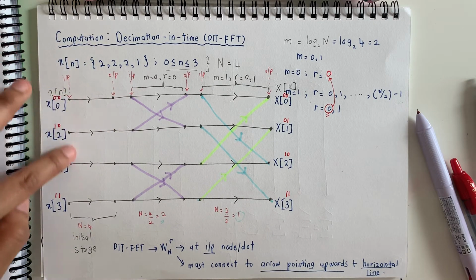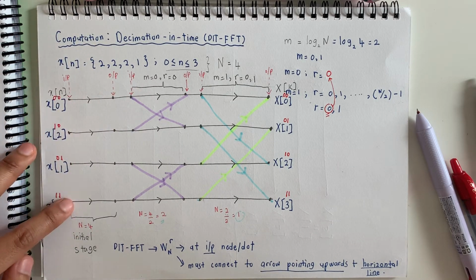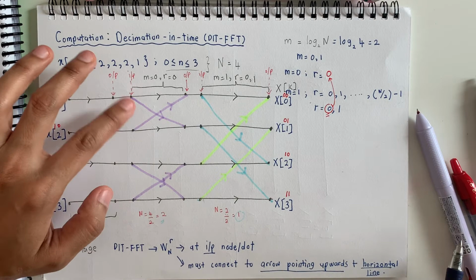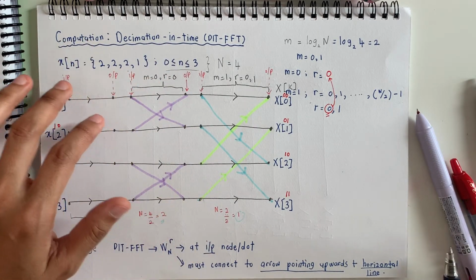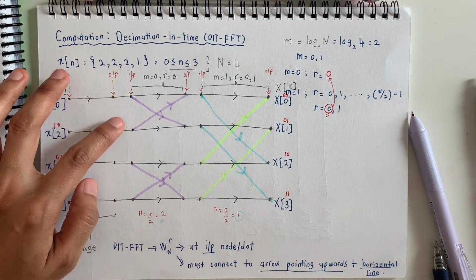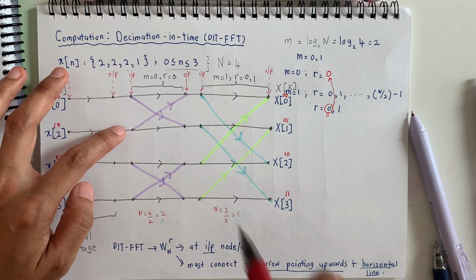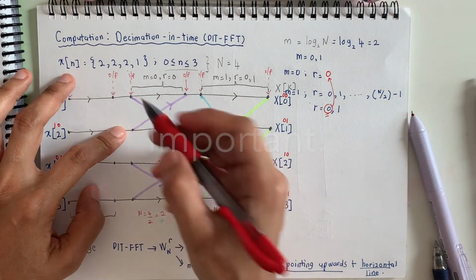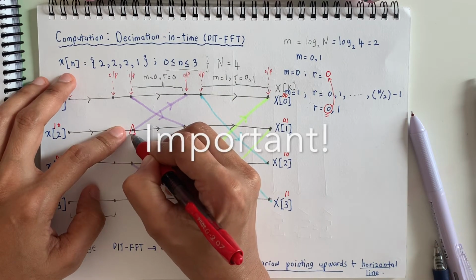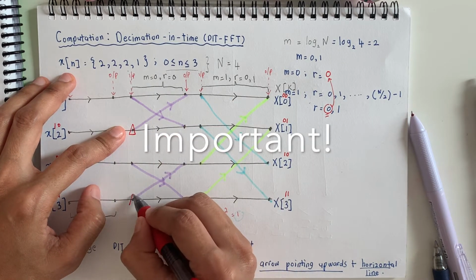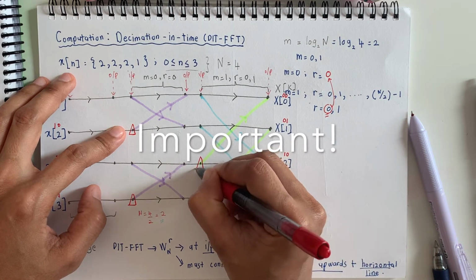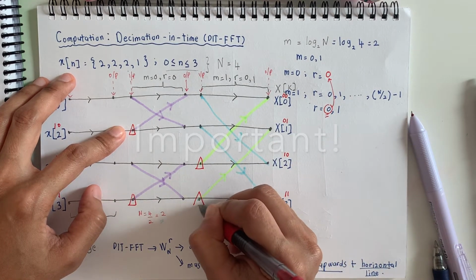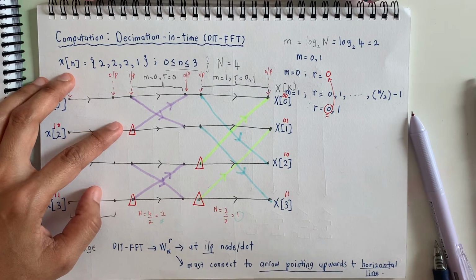Basically we don't have an arrow pointing upwards here, right? Only this part and this part. So we need to locate it. Arrow pointing upwards means here is our W_N^r, here is our twiddle factor. Here also we have our twiddle factor, and here also we have our twiddle factor.